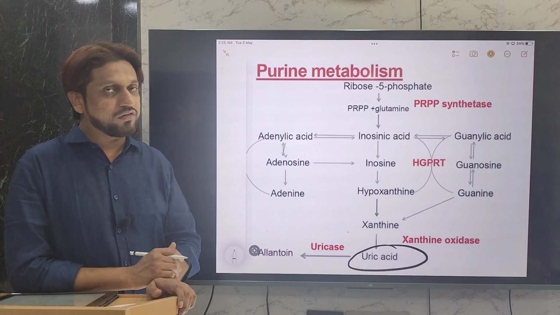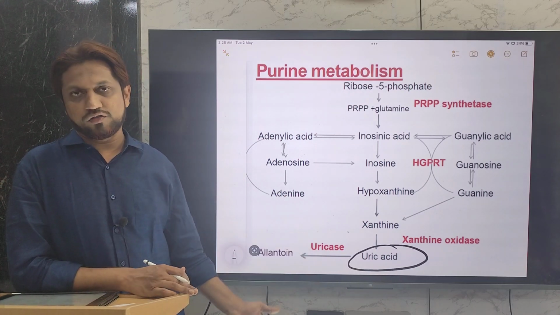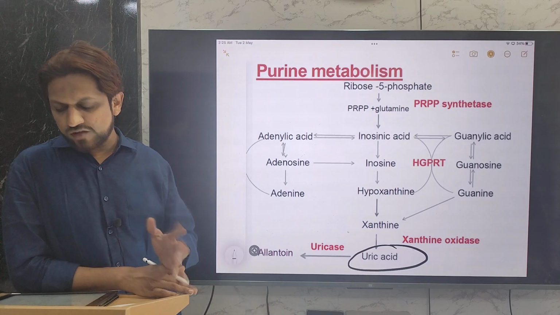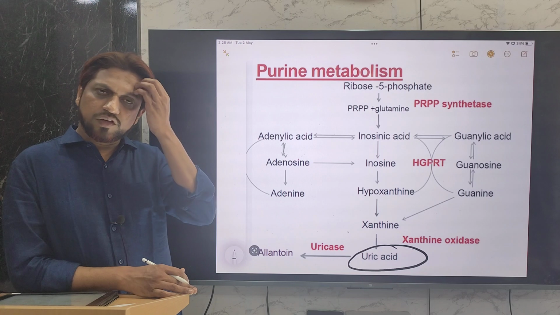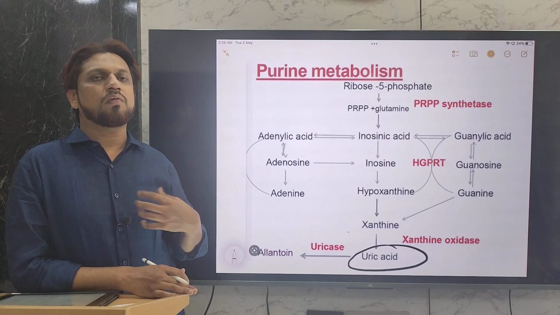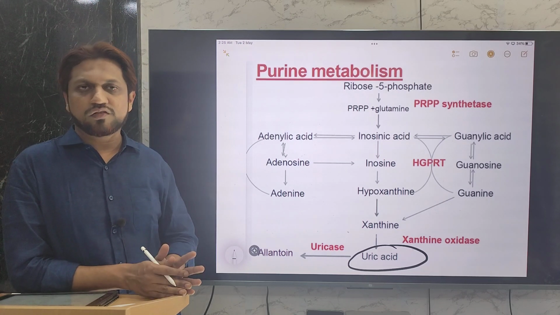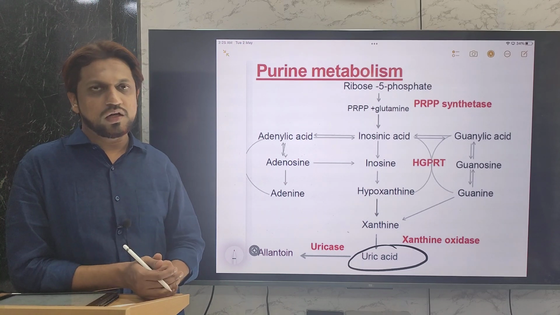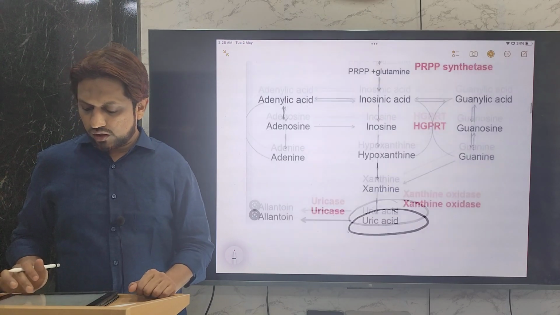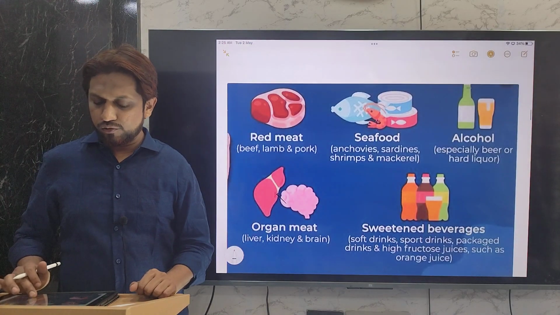So from where is uric acid formed? From purine metabolism. The major source of uric acid is purines. Usually 80% of the purines are formed by metabolism in our cells itself, but 20% of the purines are derived from the diet. So we'll discuss what foods are rich in purines.